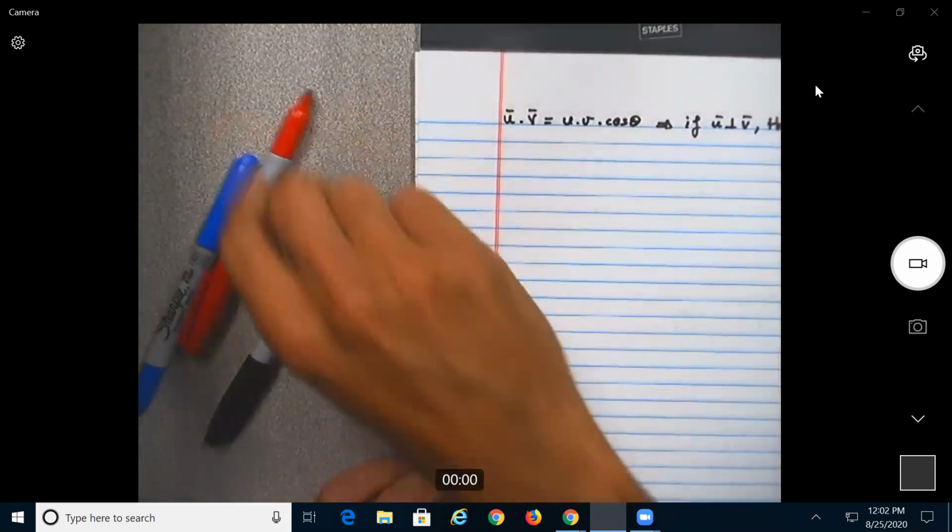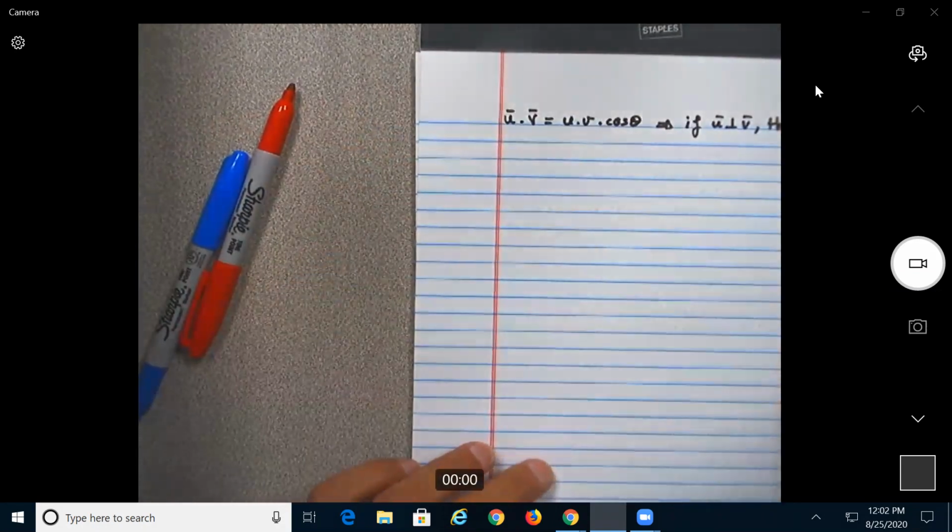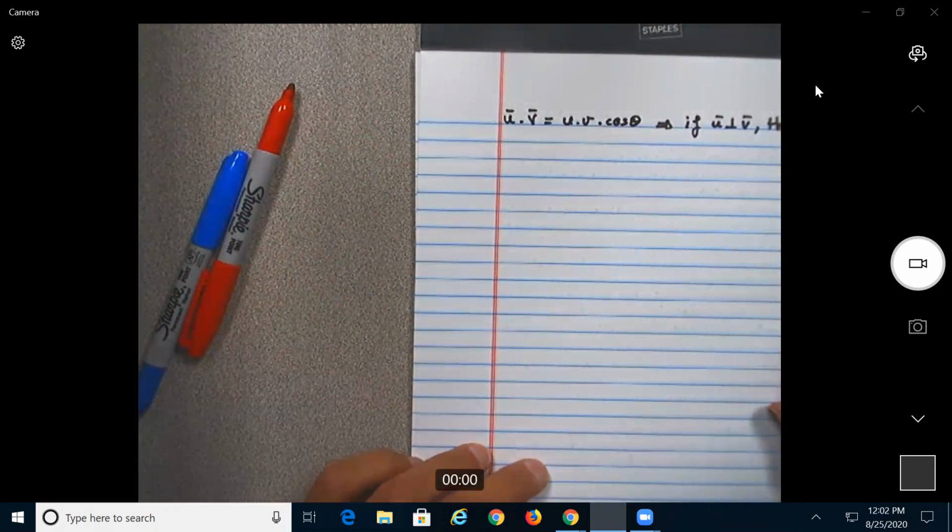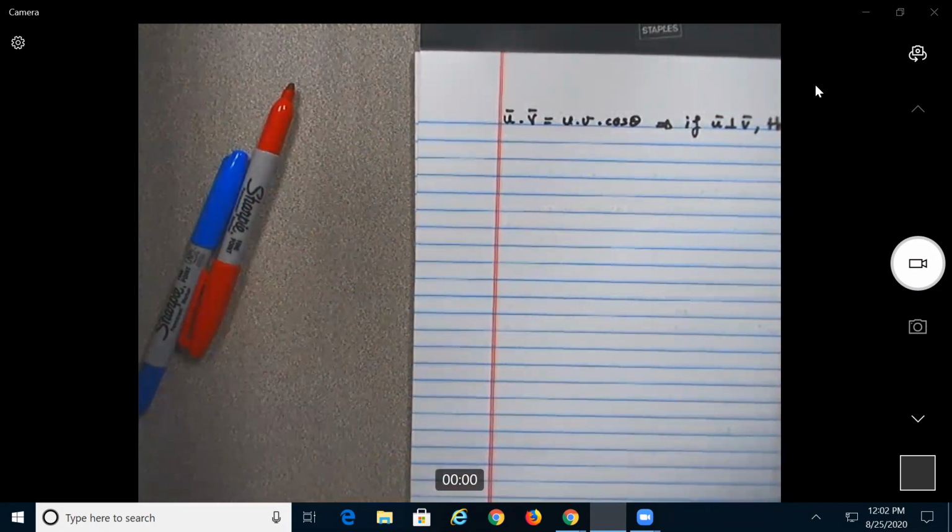Okay, so we know that the dot product can be used in order to find the angle between two vectors.